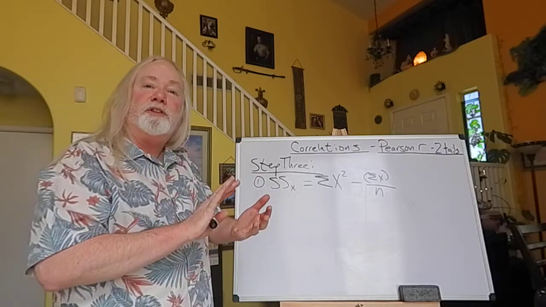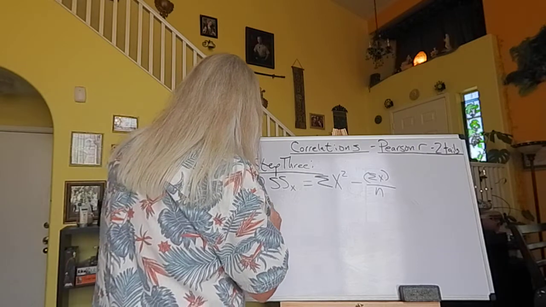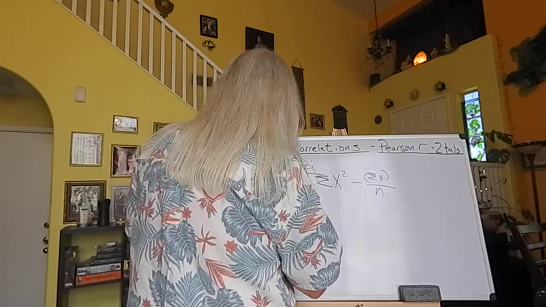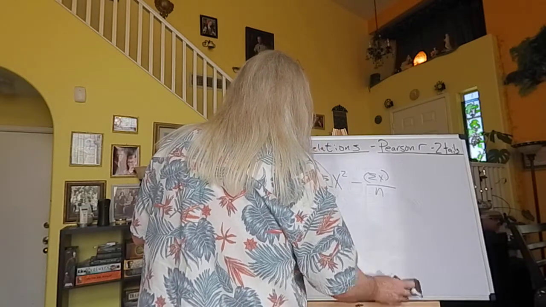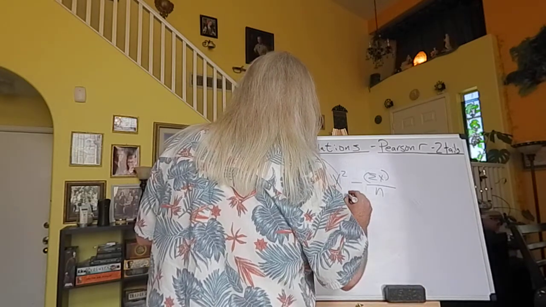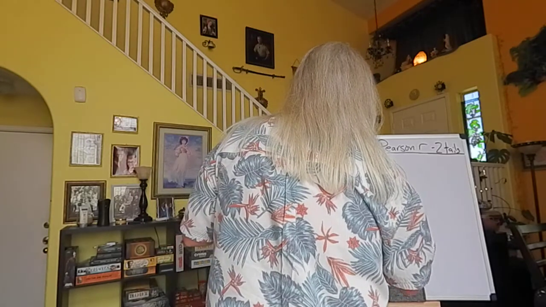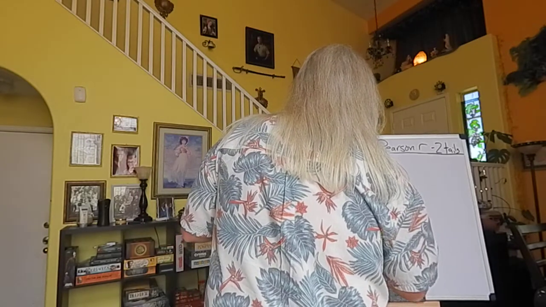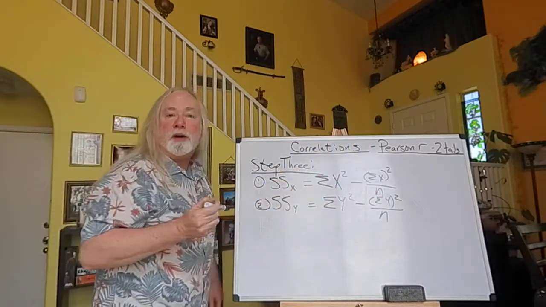So this gives me, as we know, some degree of measurement of variability just within variable x all by itself. Are those scores pretty consistent with each other or pretty inconsistent with each other? Then we need to do the same thing for variable y. And I just noticed writing across, I didn't put my exponent on the back of that.